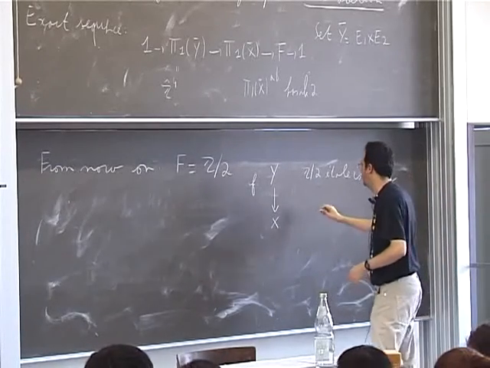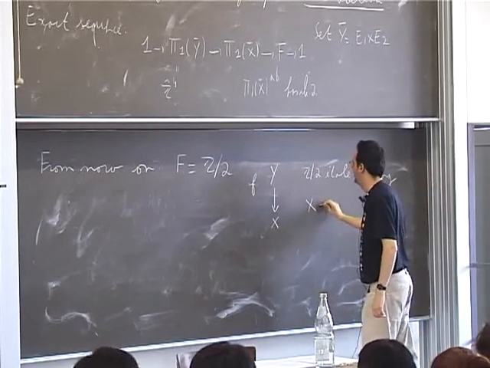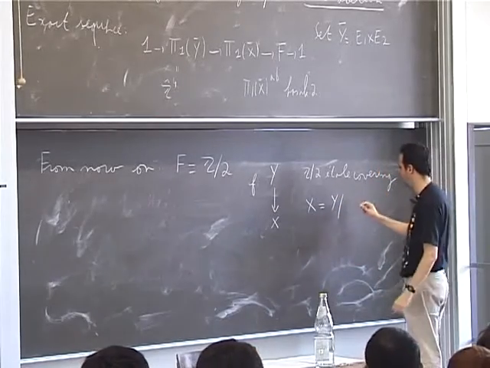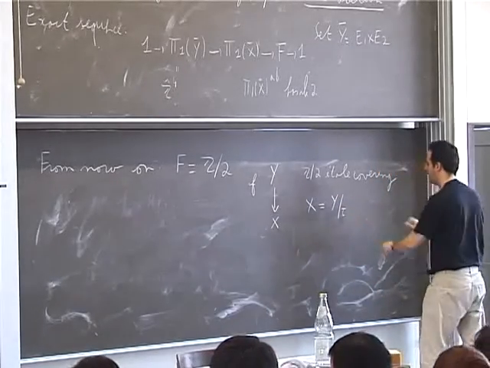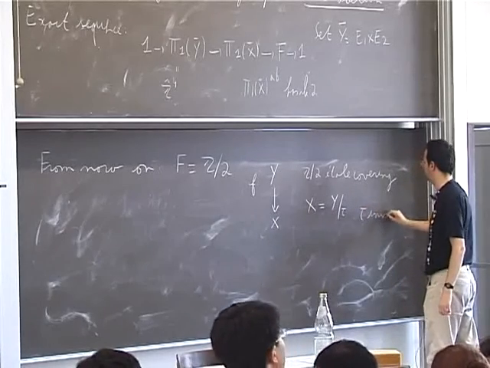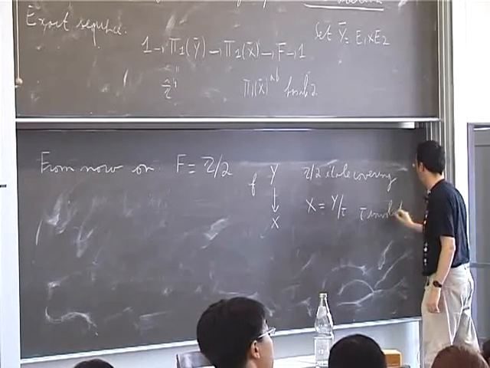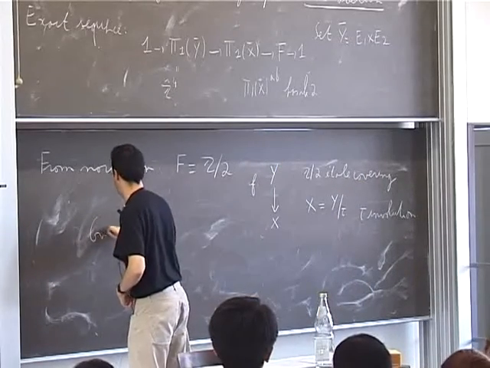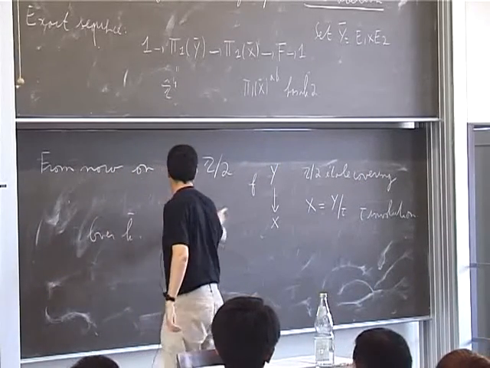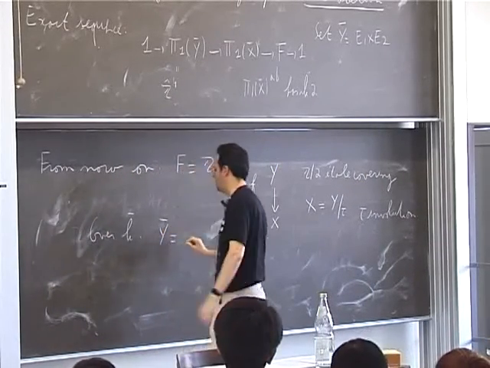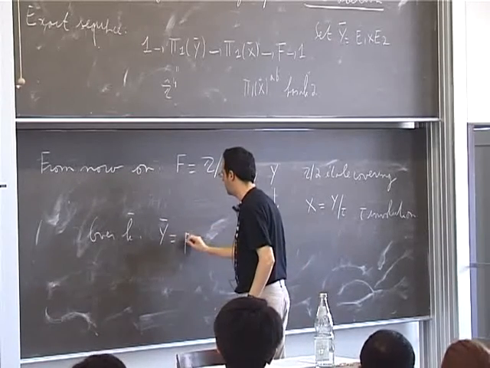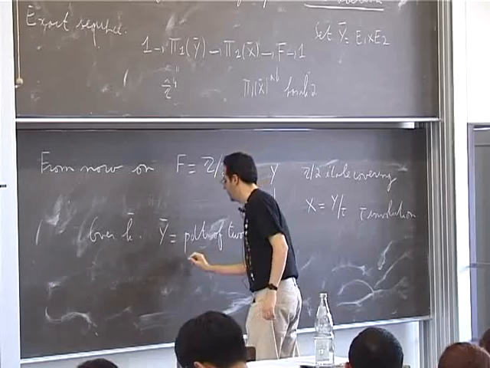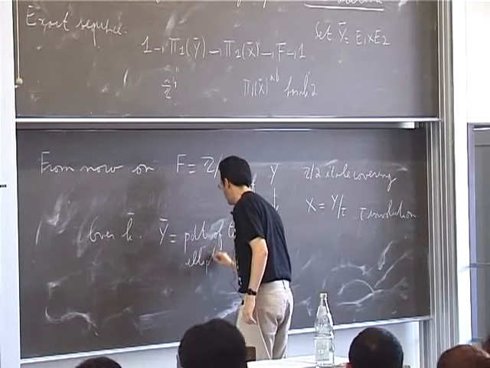And so X is the quotient of Y by a fixed point free involution, say tau. And over K bar, this Y bar is going to be the product of two elliptic curves. So this is the situation.